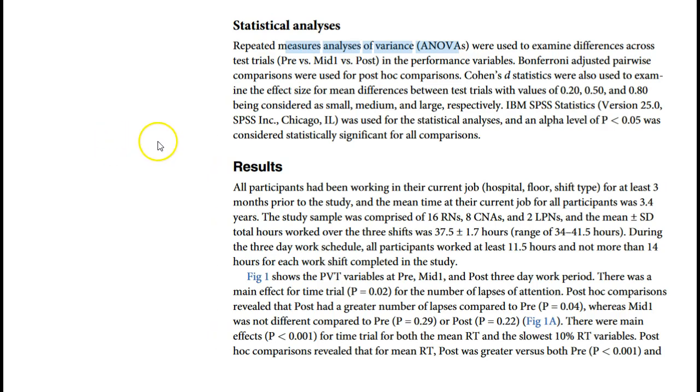So you have 3 potential relationships. If you're comparing baseline to number 1, that would be the first pair. Or if you measured number 1 to number 3, that would be another pair. And then if you measured number 3 to number 2, that would be a third pair. So those would be called your pairwise comparisons.